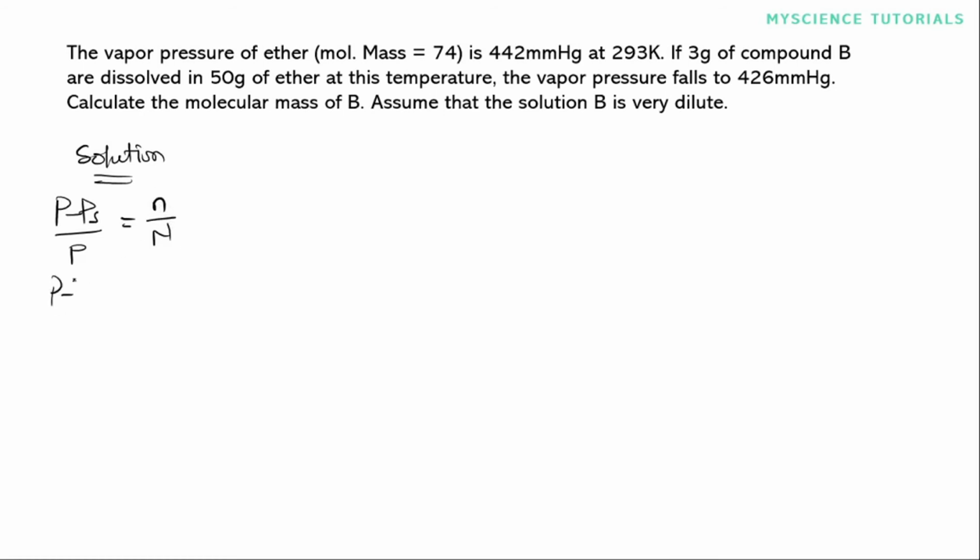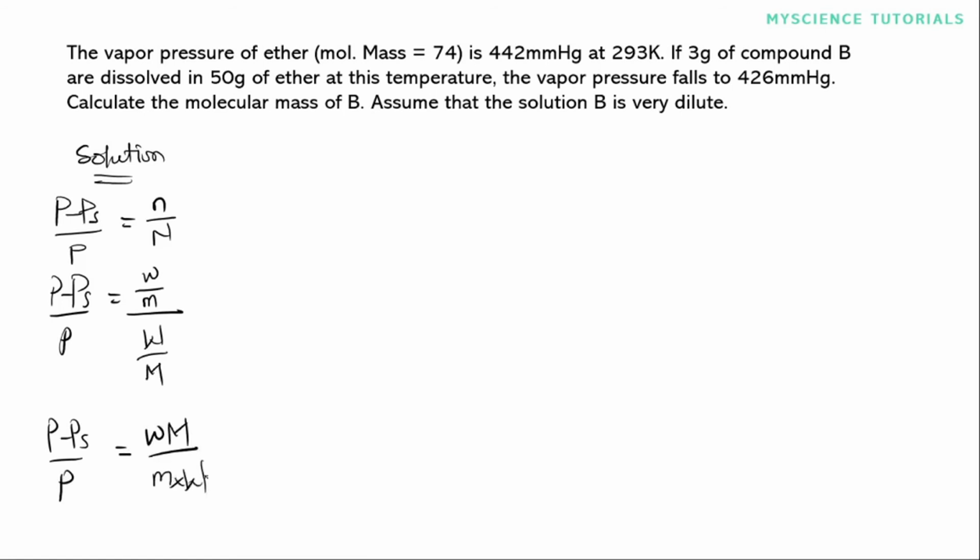So we have P minus PS over P, and the mole of the solute is small w over small m, divided by capital W over capital M, which means our P minus PS over P is equal to, if we resolve everything over here, small w multiplied by capital M over small m multiplied by capital W.